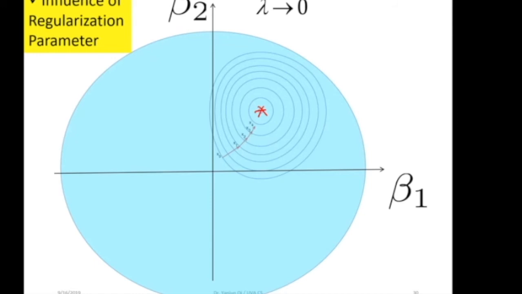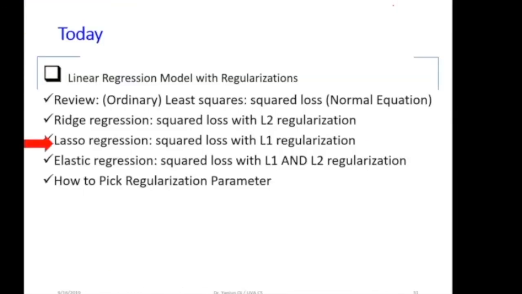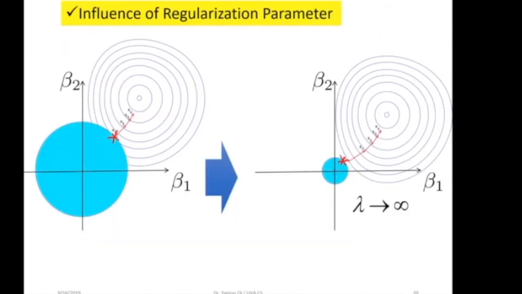And when lambda goes to infinity, S is very, very small. What does that mean? Your solution will be off by a lot if your OLS solution is very far from the origin. You penalize a lot, and the penalization dominates the solution.